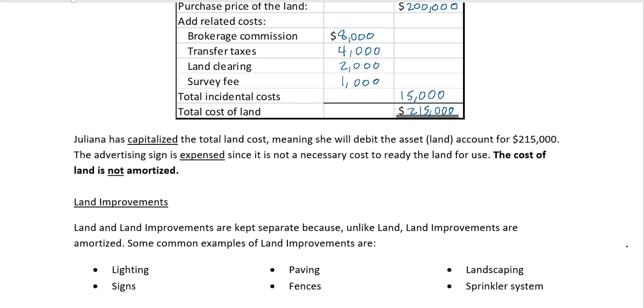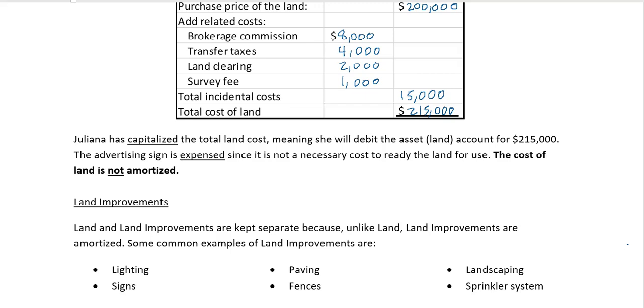Juliana has capitalized the total land cost, meaning she will debit the asset land account for $215,000. The advertising sign is an expense since it's not a necessary cost to ready the land for use. The cost of land is not amortized. Talking a little bit more about the advertising sign, it's something that doesn't last forever.